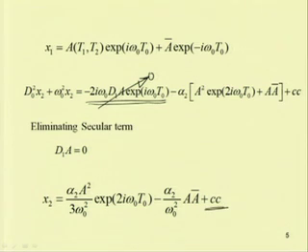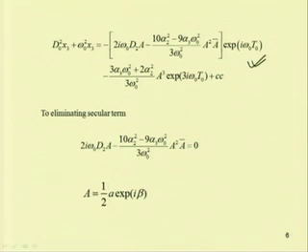Now we know the solution in terms of x 1 and x 2, but we do not know the exact value of a and b. By substituting these x 1 and x 2 in the third equation, one can find this expression.